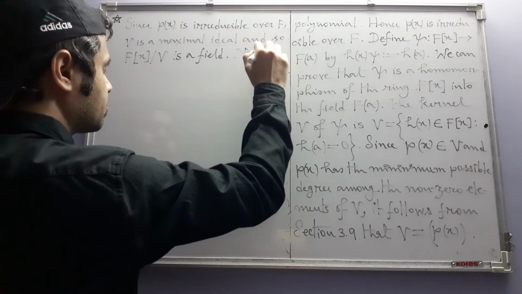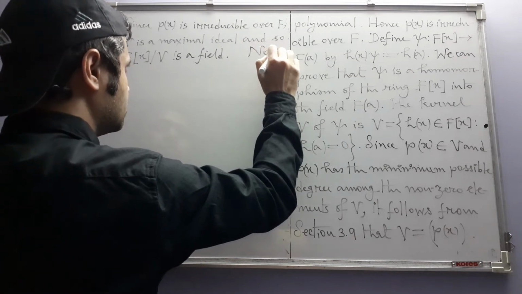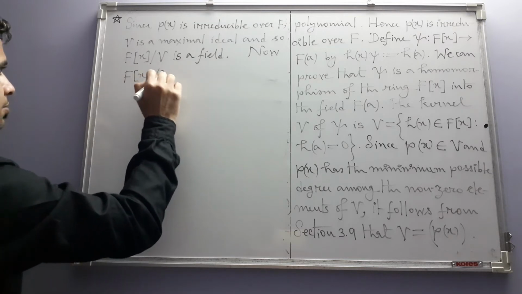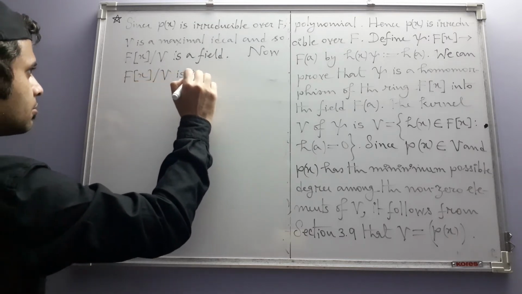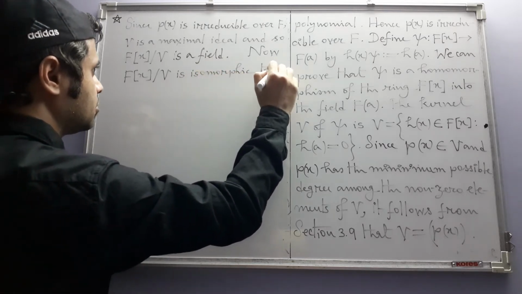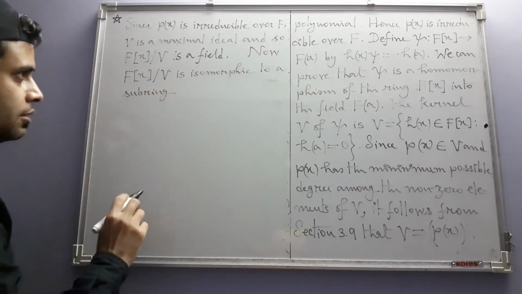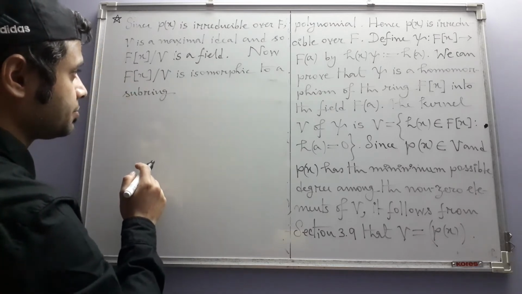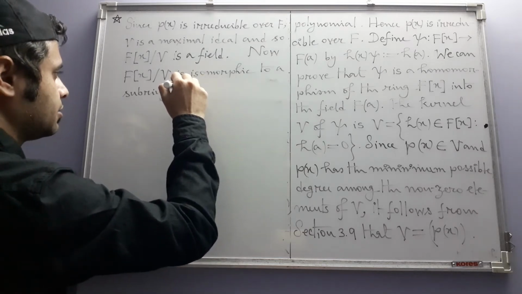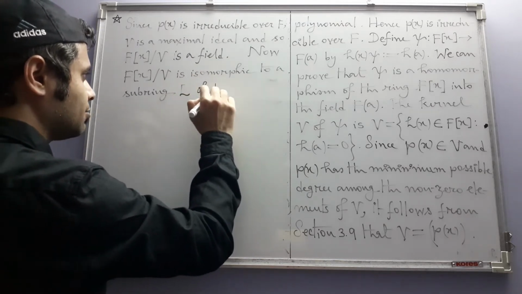Now, as a ring, F[x]/V is isomorphic to a subring, let us call that L, a subring L of F(a).